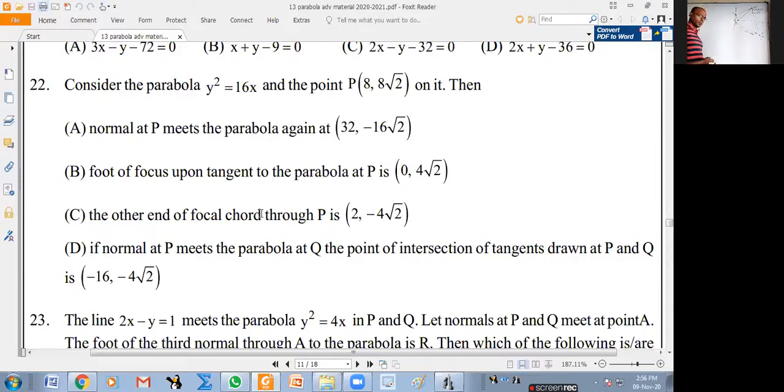The normal at P meets the parabola at Q, and tangents are drawn at P and Q. So this is Q. And you draw this and draw tangent here. What is this point?